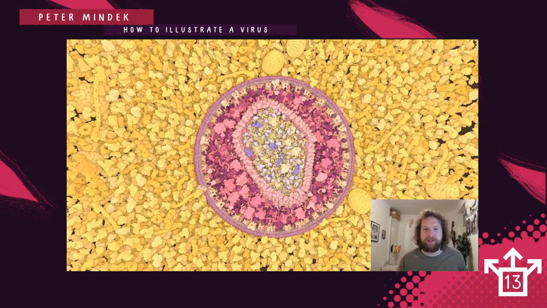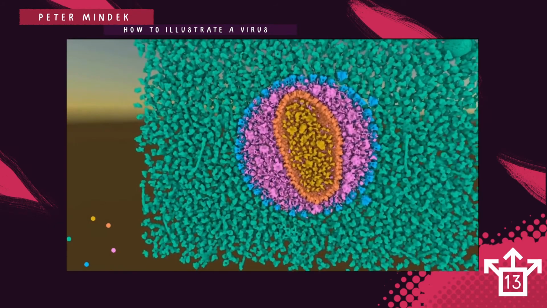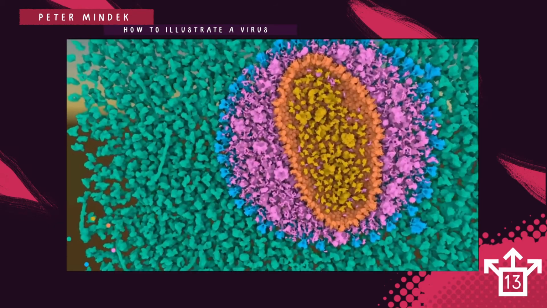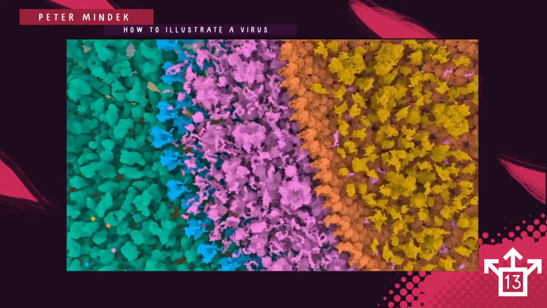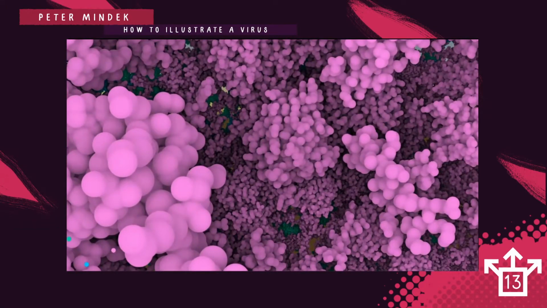Of course, as I said, this choice of colors is arbitrary, and so sometimes we choose color based purely on aesthetics to make the picture pretty. But no matter what color scheme we use, the important thing to realize is that these visualizations are multi-scale, and so should be the color scheme. Like in this example, we color the virus according to its parts, so each part is a different color.